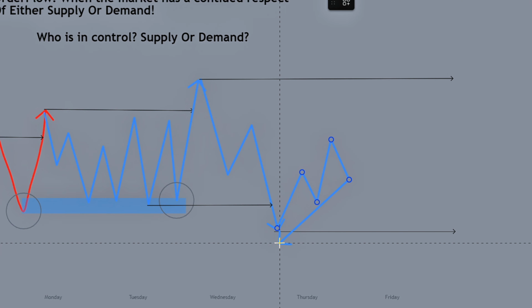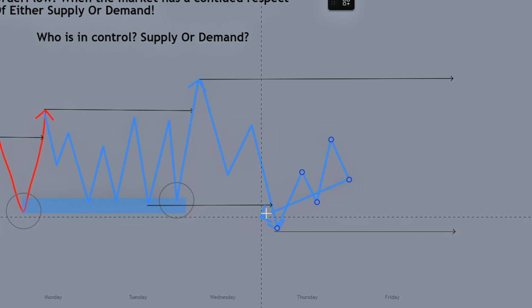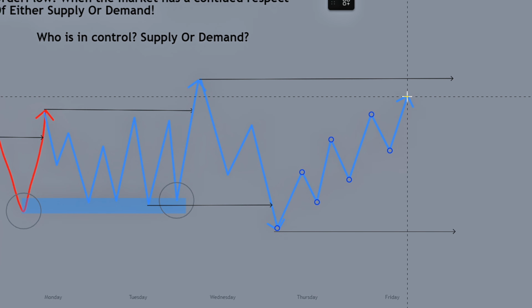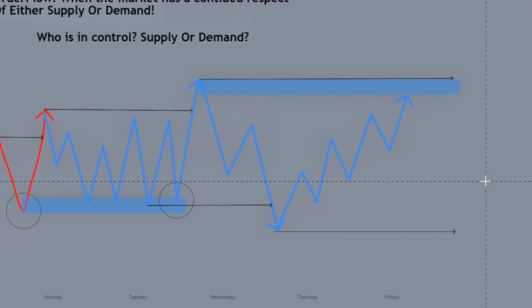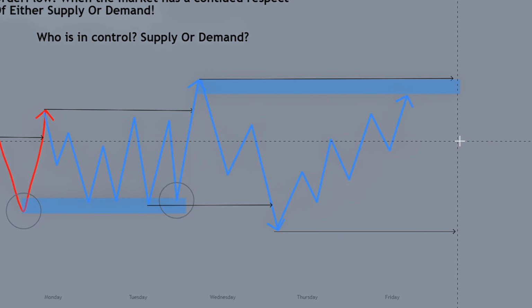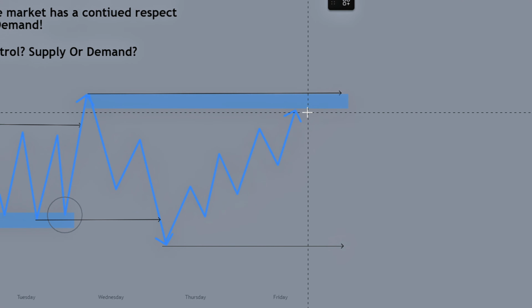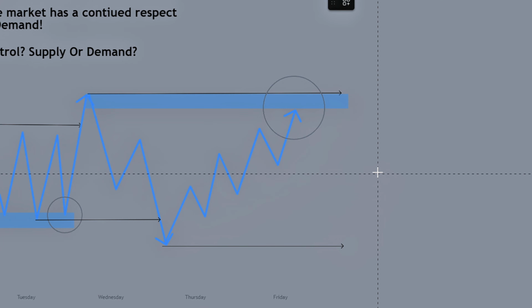But that's what we have to see. In this case, the low was always respected. Well, now it broke. So our expectation now would be that the high should then be respected, right? And now the lows are going to be swept until it happens again, where it breaks that high again.